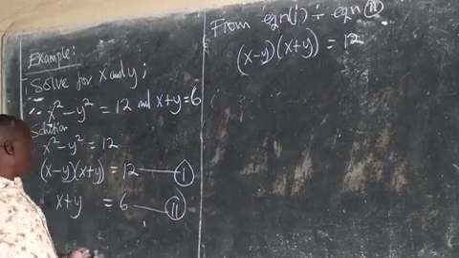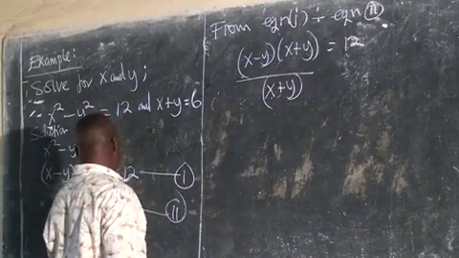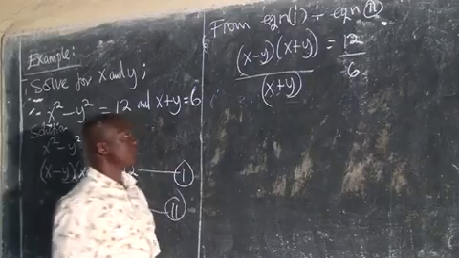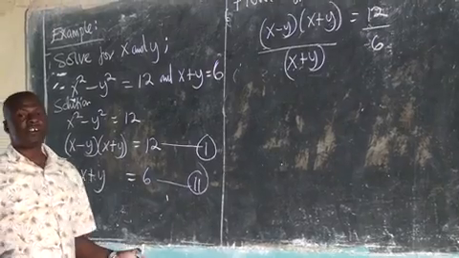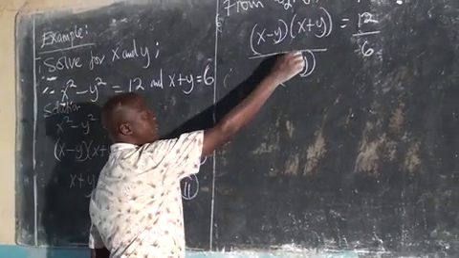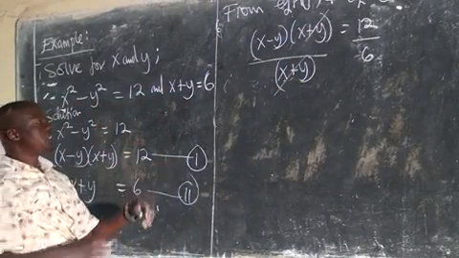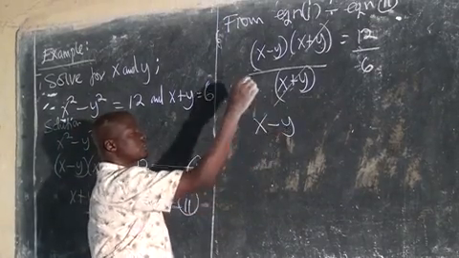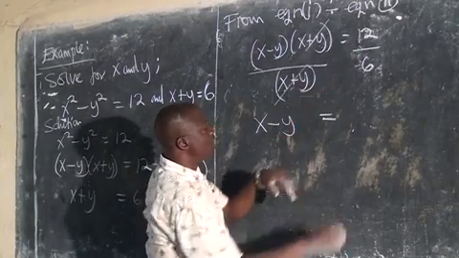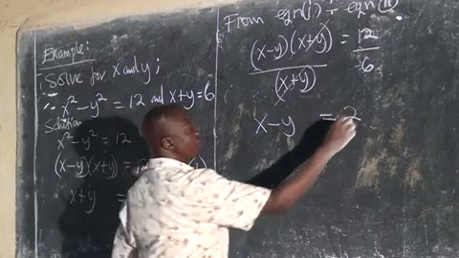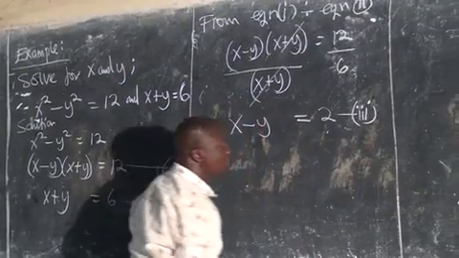In equation 2 we have x plus y, whereas here there is 6. We are supposed to simplify. We see that this one goes with that, meaning that we have x minus y equal to, when we divide 12 by 6, it gives a 2. So we have equation 3.